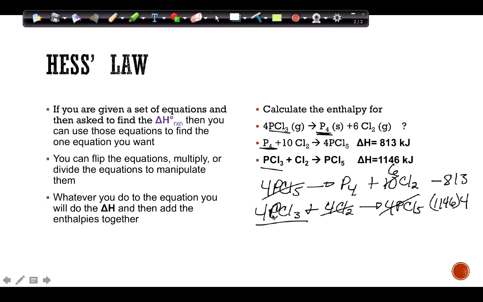So I do have the equation now. 4 PCl3s produces P4 plus 6 Cl2s. So basically at the end, just add your delta H's together. And that gives me 3,771.